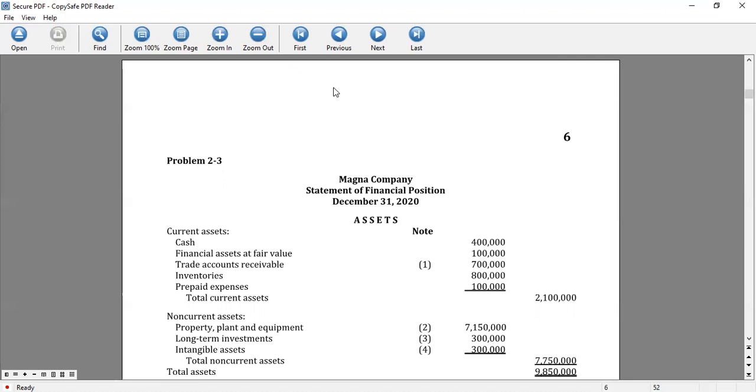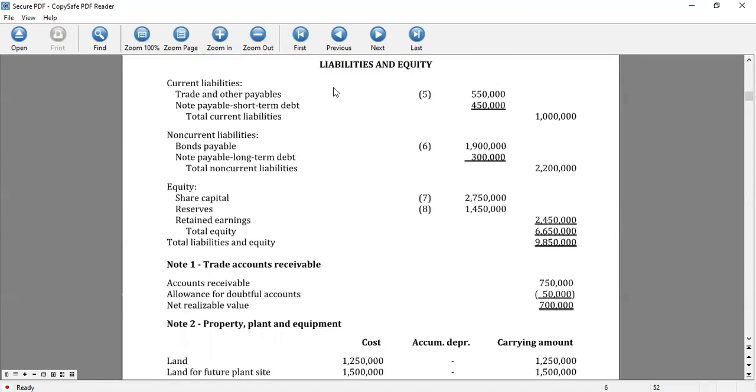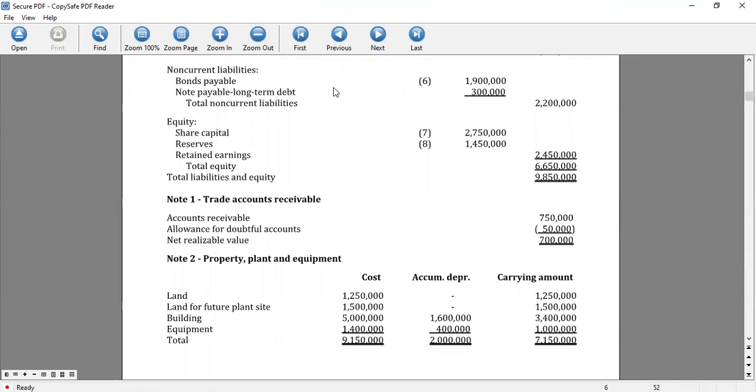Now, for the non-current assets, we have the property, plant, and equipment as found in note number 2. Property, plant, and equipment, land of 1,250,000. That's now the amount of your land as given.